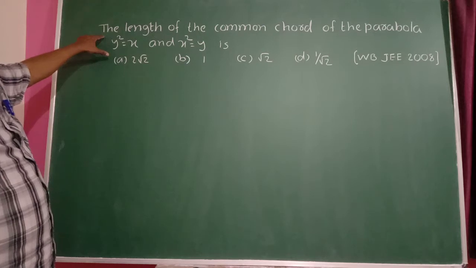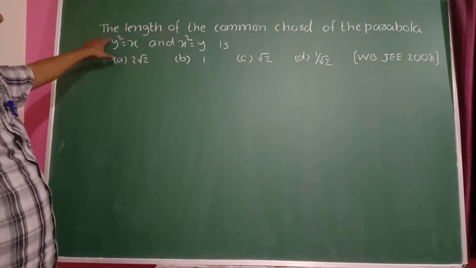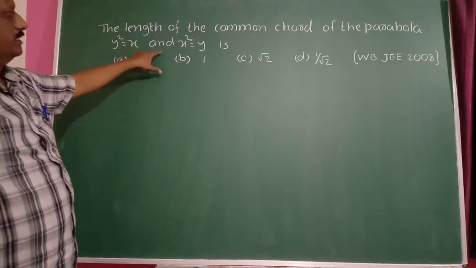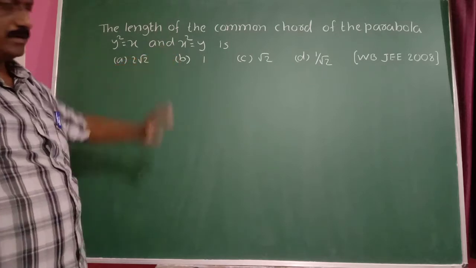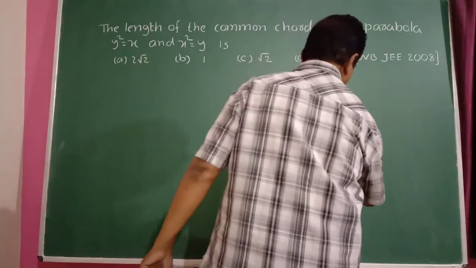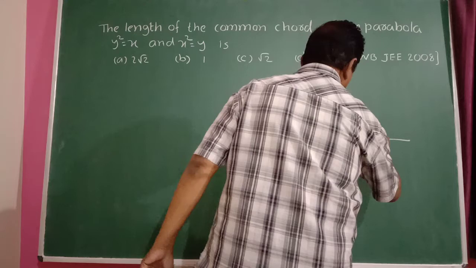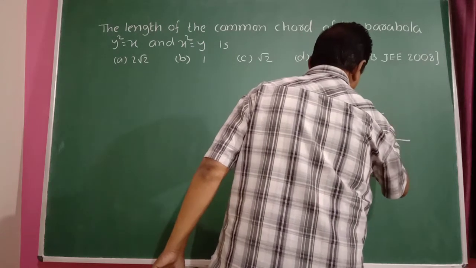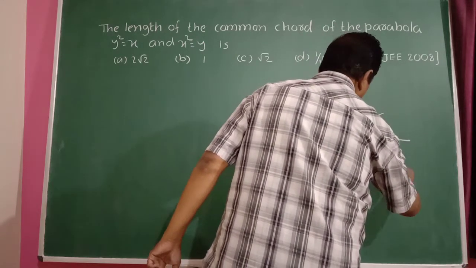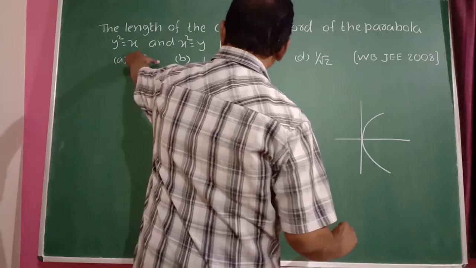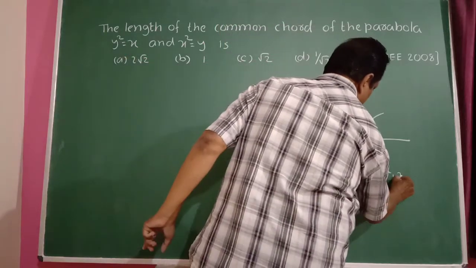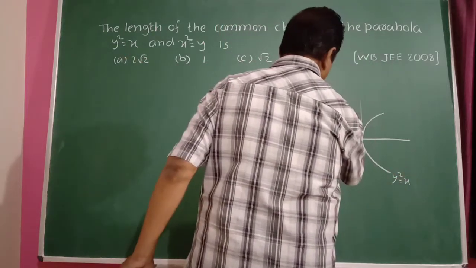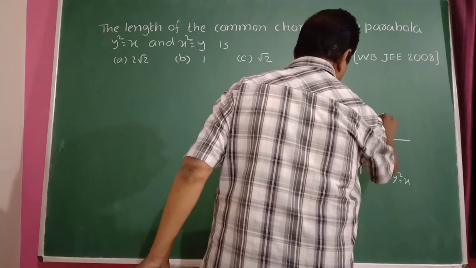So here, the length of the common chord of the parabolas y square is equal to x and x square is equal to y. So there are two parabolas here. One parabola is like this here. This equation is y square equal to x. Then another parabola is like this here.